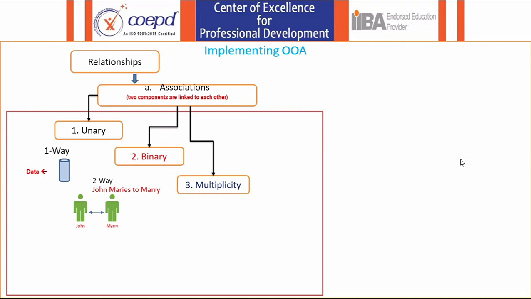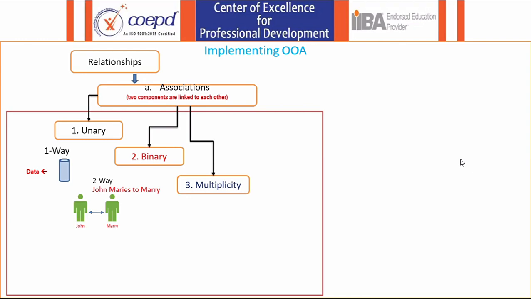Sridhar, can you come back to unary? Unary means a one way relation, one way association. That means you are going to retrieve the data only. I'll give one more example: you are going to switch on the light only, and nothing is going to come back, right?